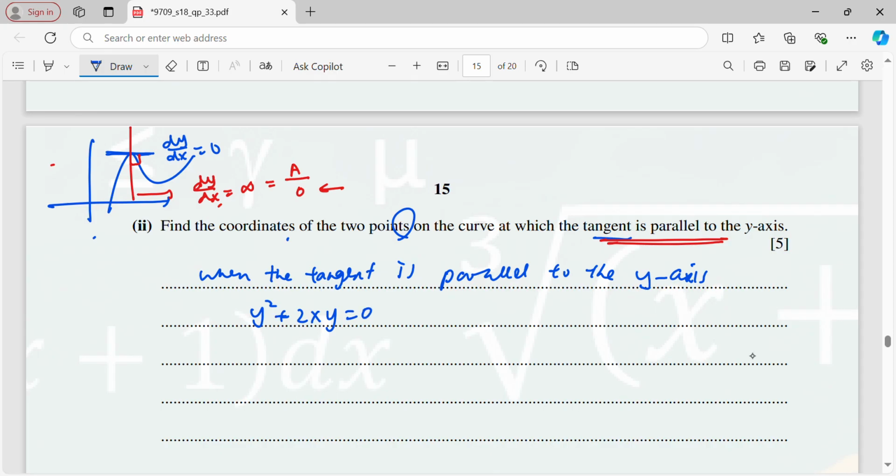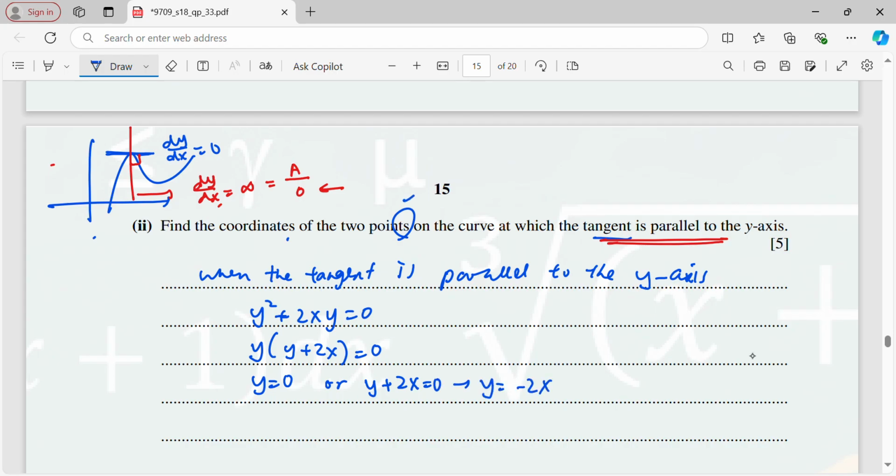Then from here, I will factorize the y, the common term. Then you will get y plus 2x equals 0. Products of two terms equal to 0 means that one of them must be 0. So either y equals 0 or y plus 2x equals 0, or y is negative 2x.